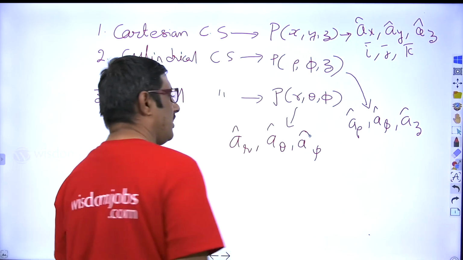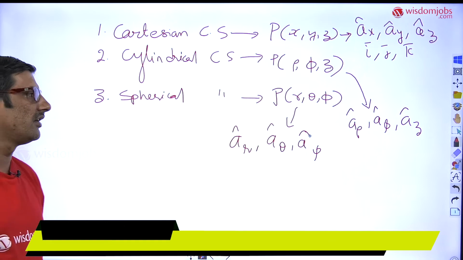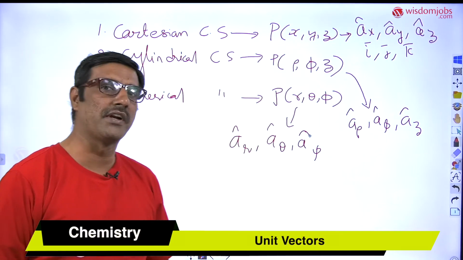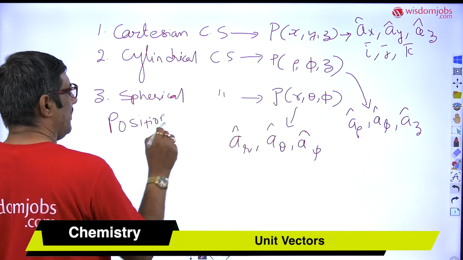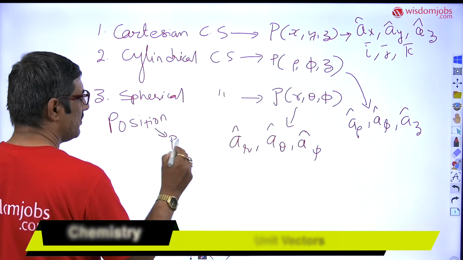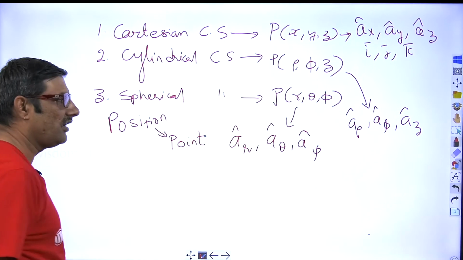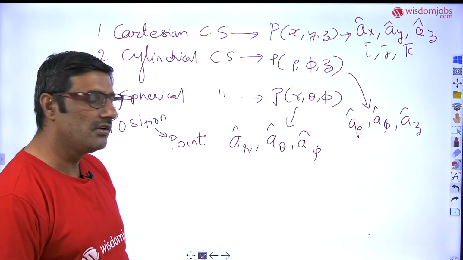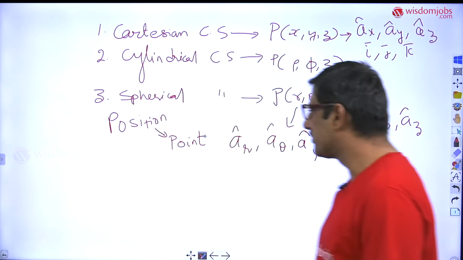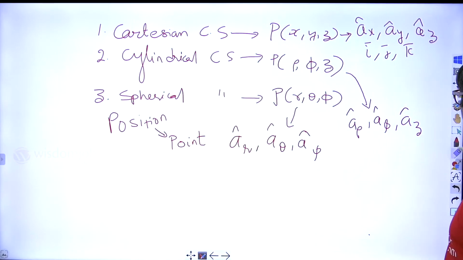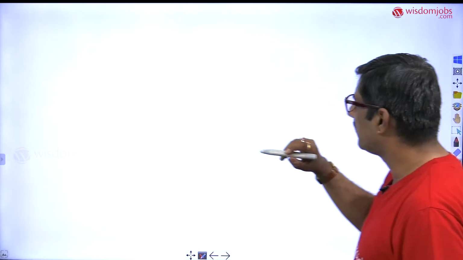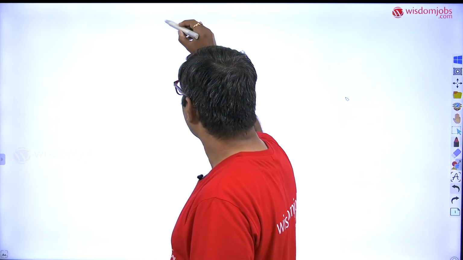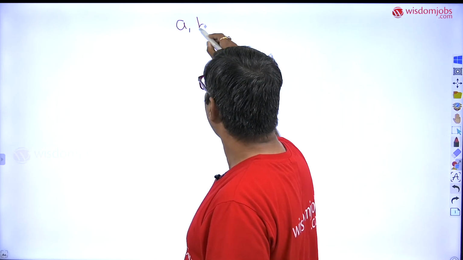Now if I go for the concept of position vector, any point has a position vector. If I want to represent the position vector of a point in the Cartesian coordinate system, which has unit vectors ax, ay and az, let me take a point a, b, c.